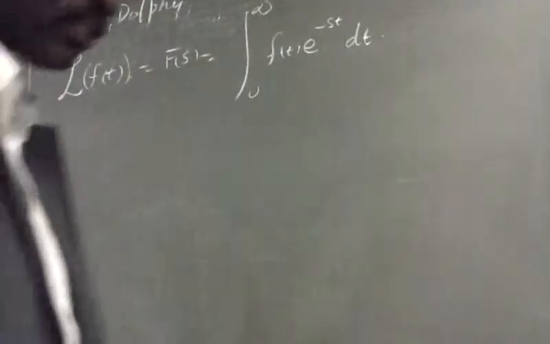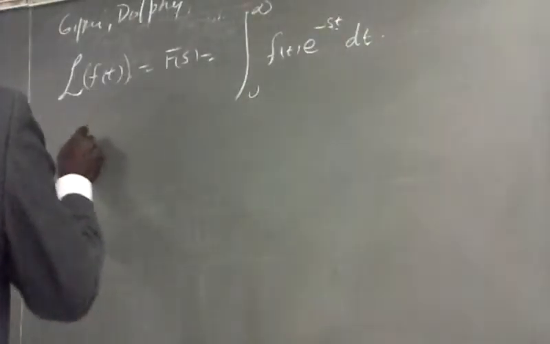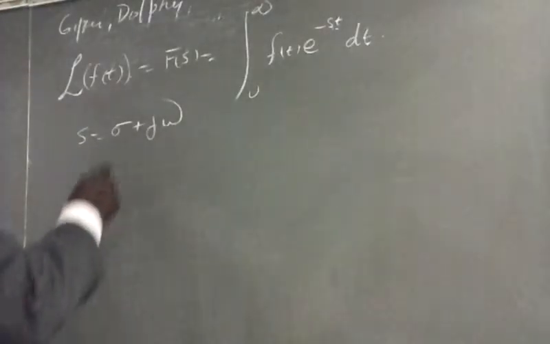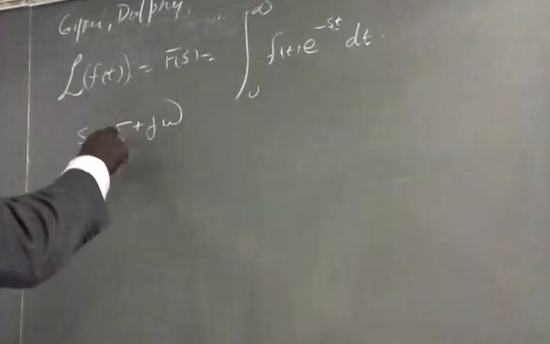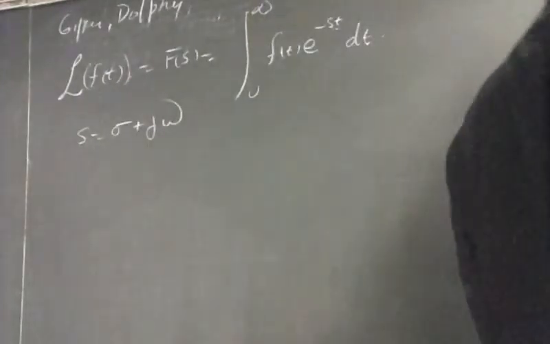That's our definition of the Laplace transform. Furthermore, we say now that this s is equal to sigma plus j omega, the real portion sigma and the complex portion j omega.